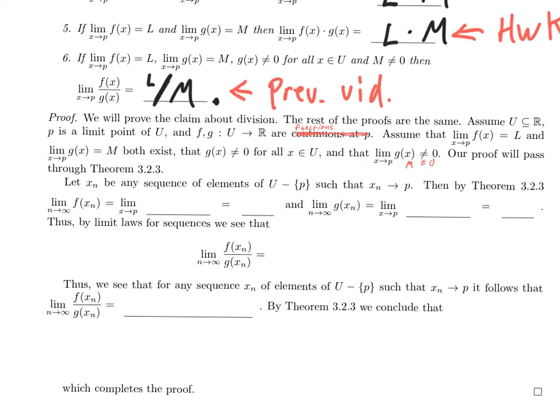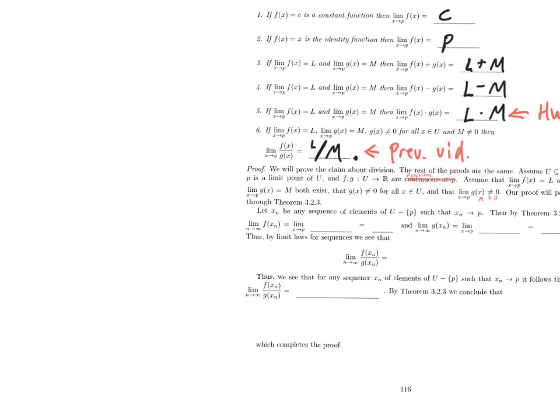Our proof will pass through theorem 3.2.3, which says something about sequences. So let's recall theorem 3.2.3. In whatever you're using to read the notes, you should review it.